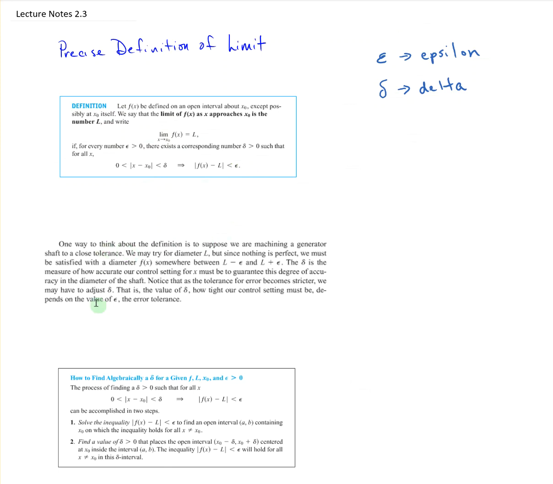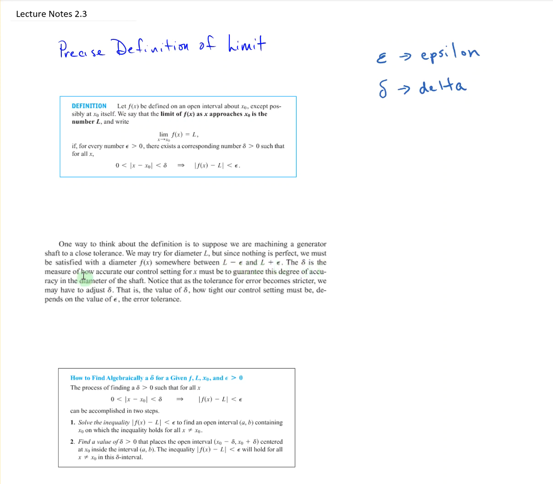But if I put this paragraph here, one way to think about the definition is to suppose you're machining a generator shaft to a close tolerance. You're going to try for a diameter L, but since nothing's perfect, you have to be satisfied with a diameter f of x somewhere between L minus epsilon and L plus epsilon.